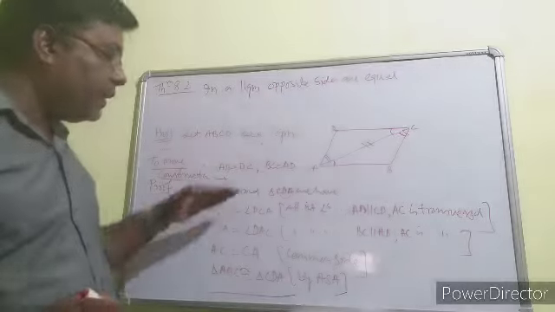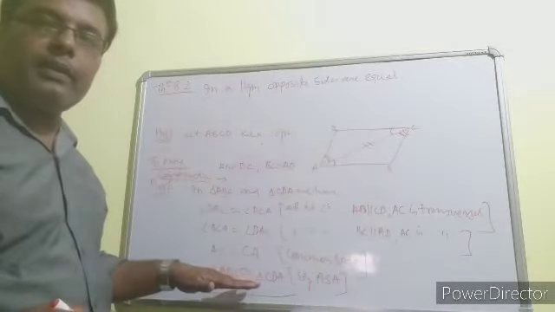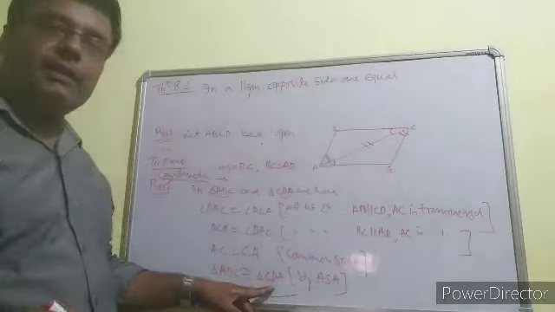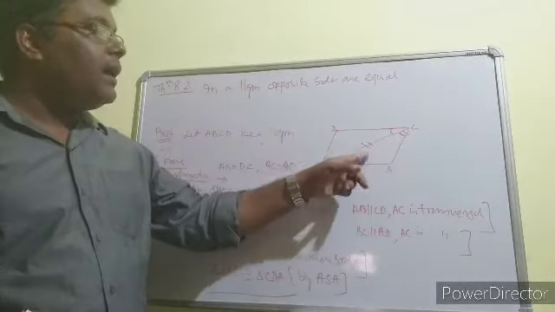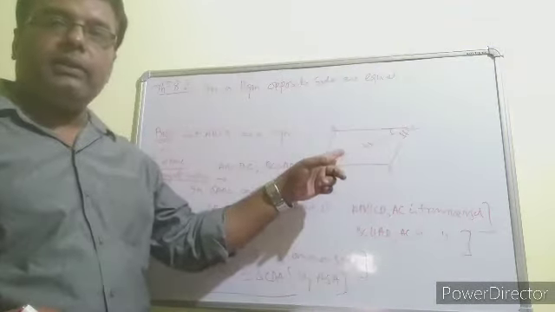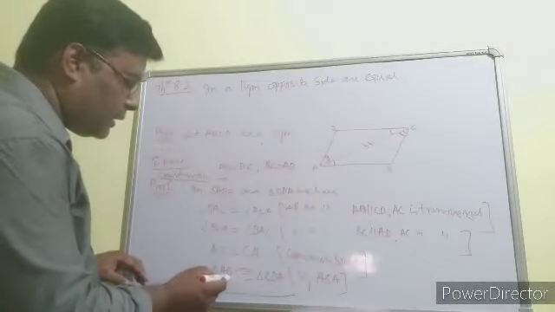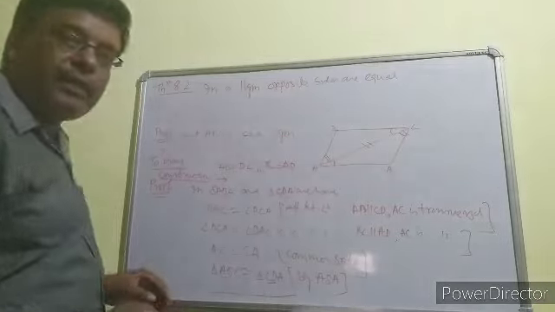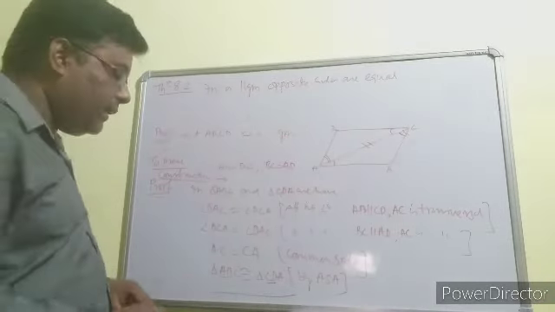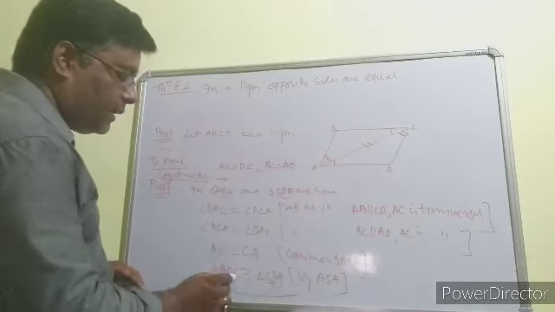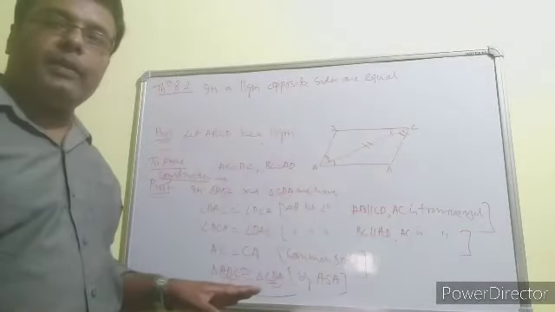The next proof part is exactly the same as theorem 8.1. After getting ABC and DCA as two congruent triangles, we get AB equal to CD, that is CPCT, and BC is equal to DA, that is CPCT.